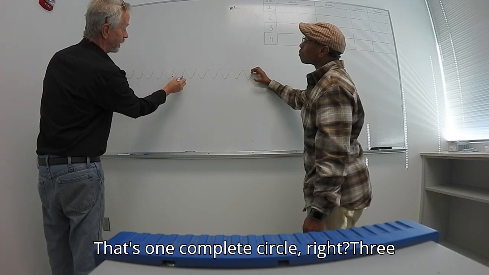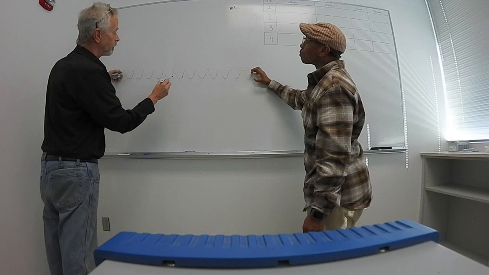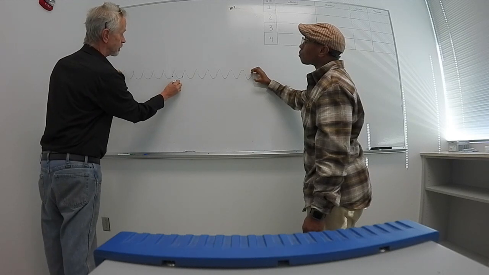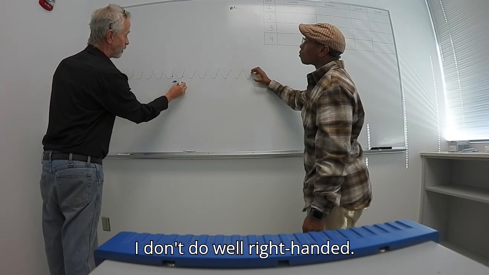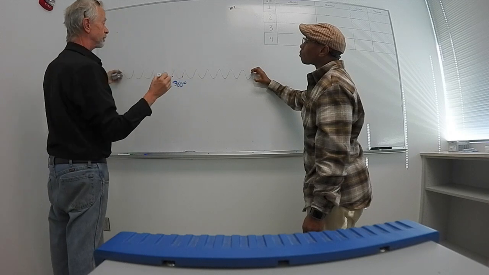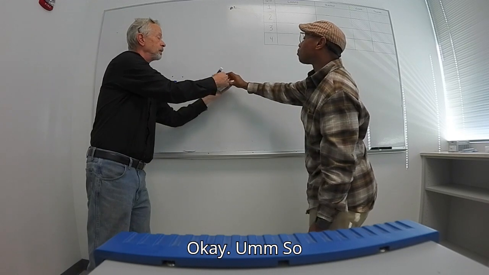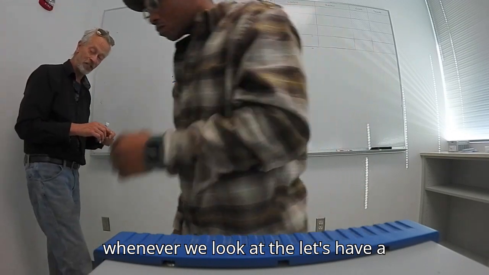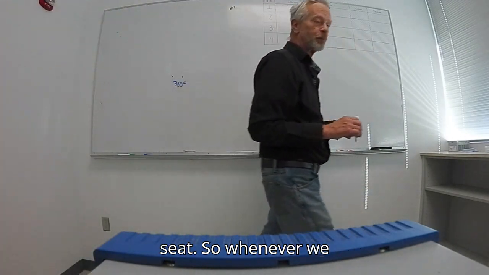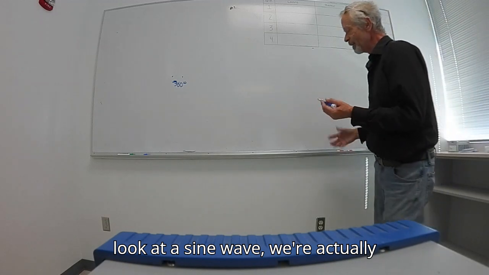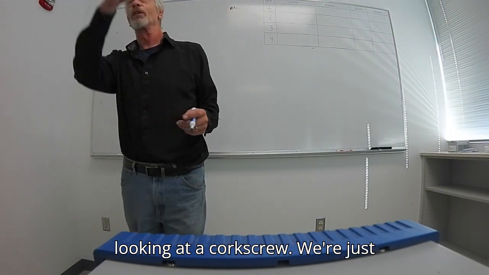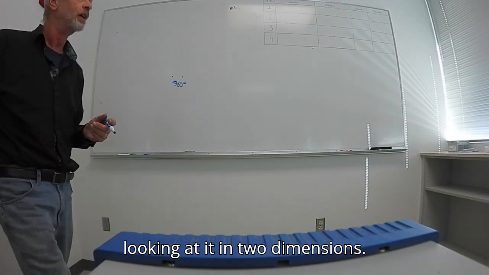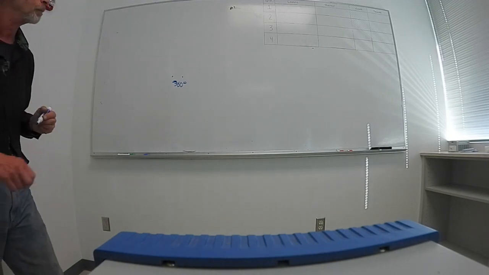That's one complete circle, right? 360 degrees. So whenever we look at a sine wave, we're actually looking at a corkscrew. We're just looking at it in 2 dimensions.